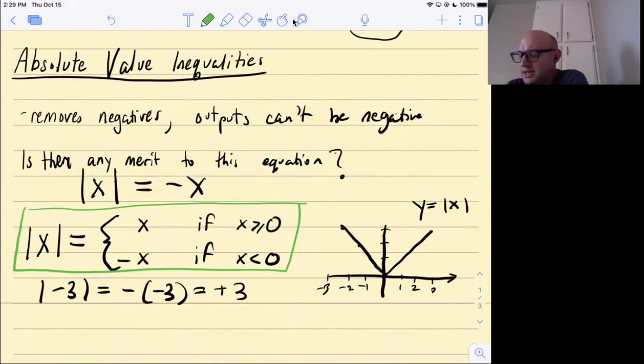All this definition is saying is that it's a function. Absolute value is a function of x. You give it a number, and it's called a piecewise function because it gives you a different formula, or a different rule, depending on what type of number you give me.